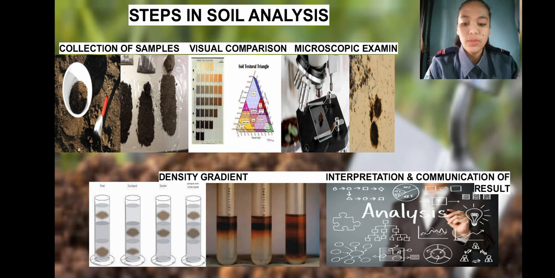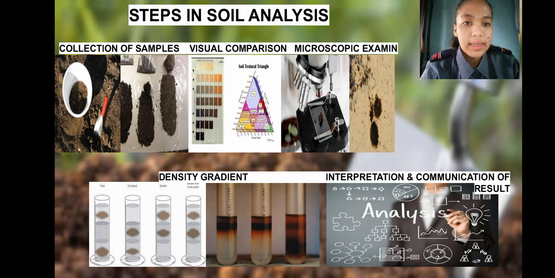So, kukuha lang po tayo ng mga 1 to 2 teaspoon ng ating soil samples. And then next po ay ang visual comparison natin, which is dinedetermine natin ang textural classification ng ating lupa. And then next po is the microscopic examination, which is ina-analyze niya ang mga mineral content ng ating soil sample.